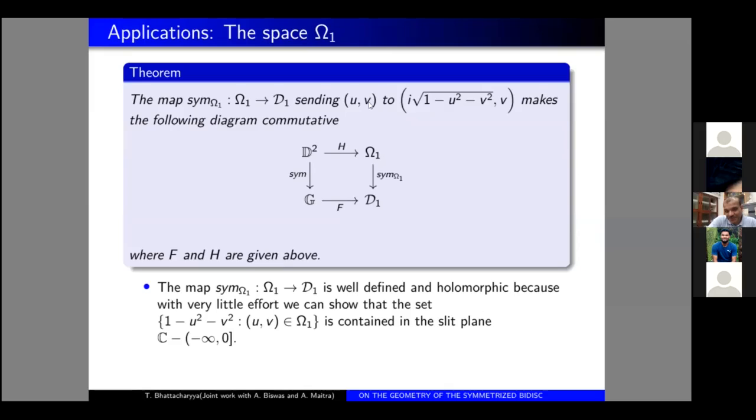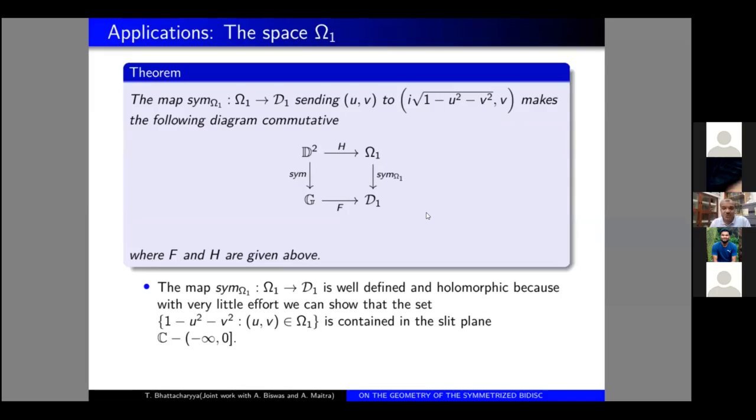So take (u, v) in omega 1 and send it to v remains v, and u goes to i root 1 minus u square minus v square, and so omega 1 goes to D1. This is exactly like the symmetrization map from D2 to G, this time from omega 1 to D1.